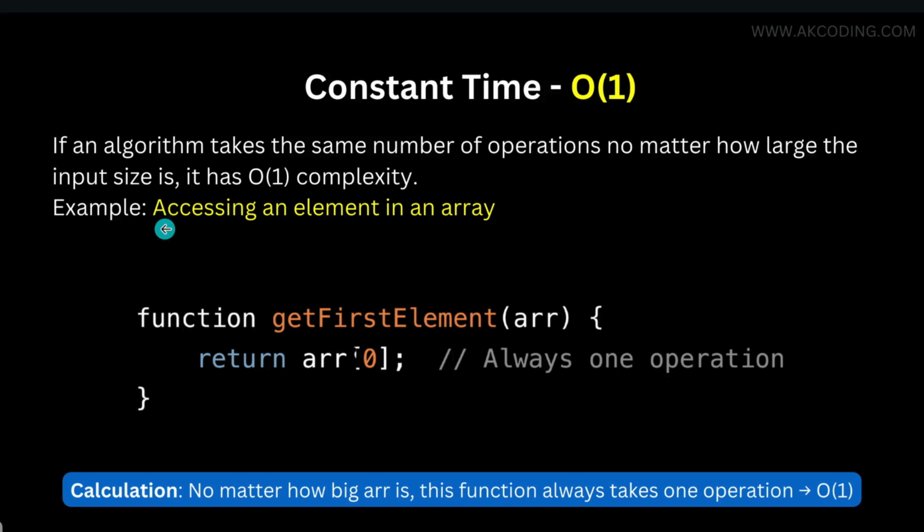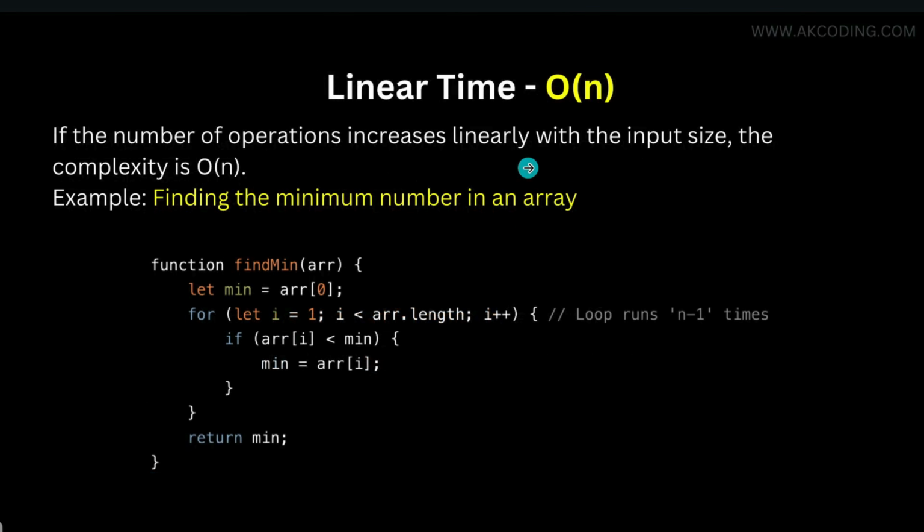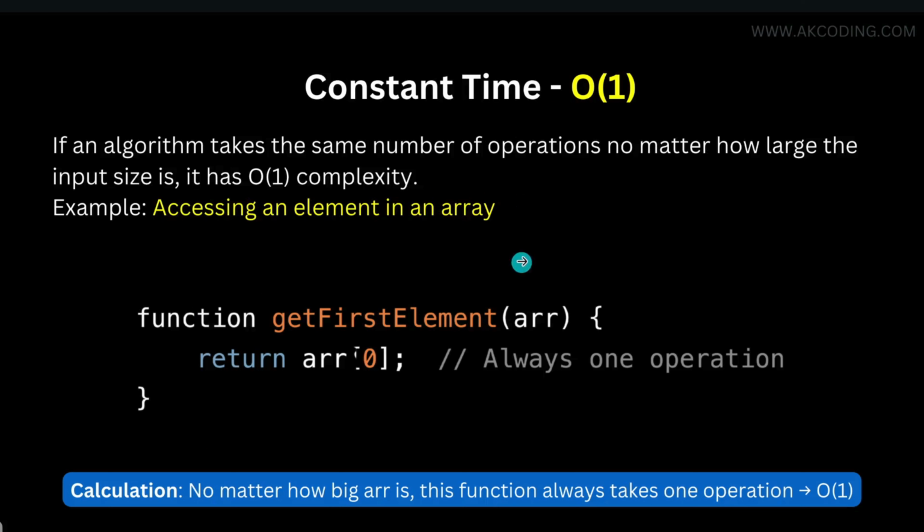Let's suppose we access an element in an array like this. No matter the size of your array, it will not matter. It always requires one operation to get that job done. In that case, constant time, that is O of 1, is required.